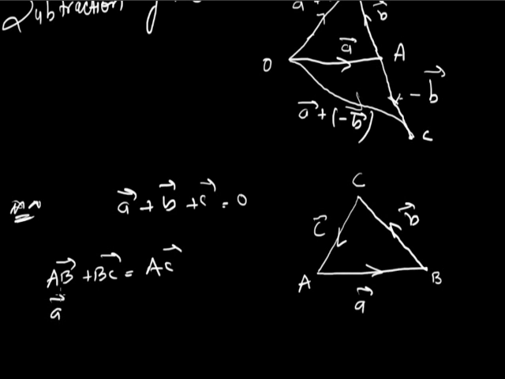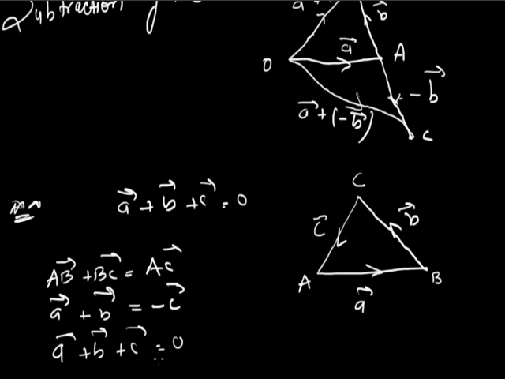Here the AC vector means moving from C to A, so the AC vector is the minus of c vector. Now transferring to the left side, a vector plus b vector plus c vector equals 0.